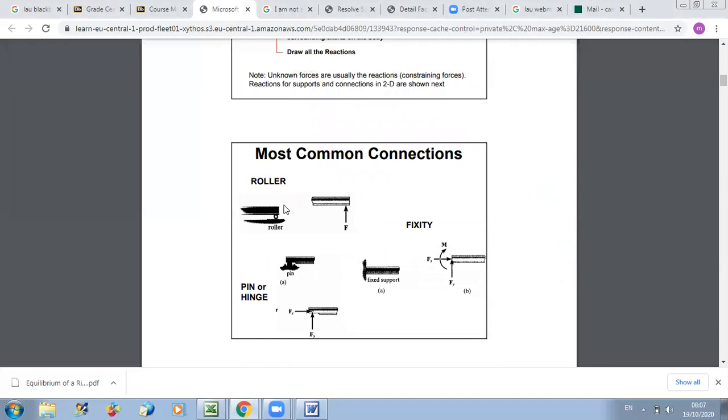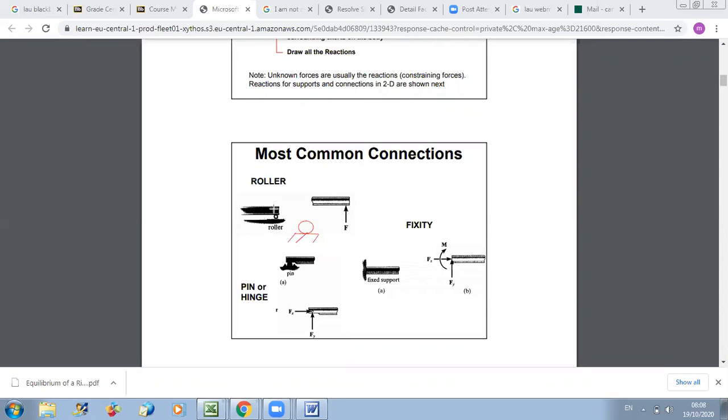So let us look at these types of connections. First, the roller is represented by the following symbol. It's represented by a circle like this. In figures, they give it in this way, a circle plus this. This is the representation of a roller, and you can see it also here in this figure.